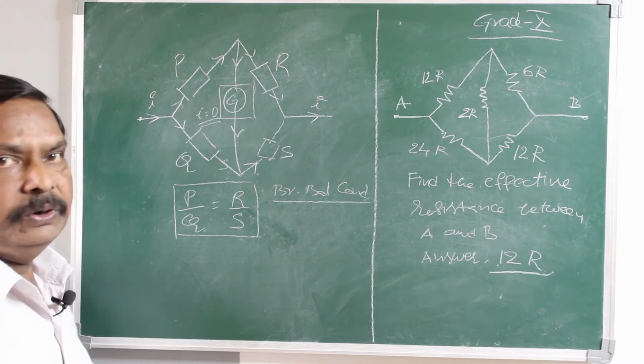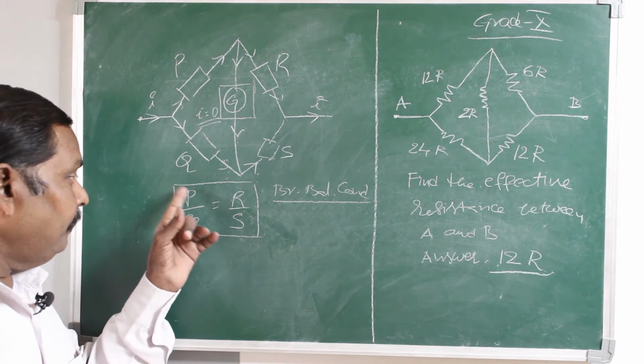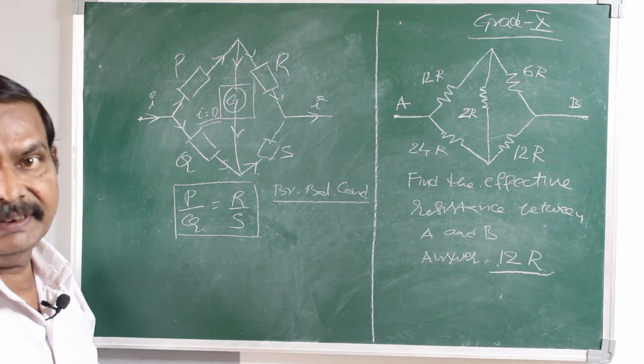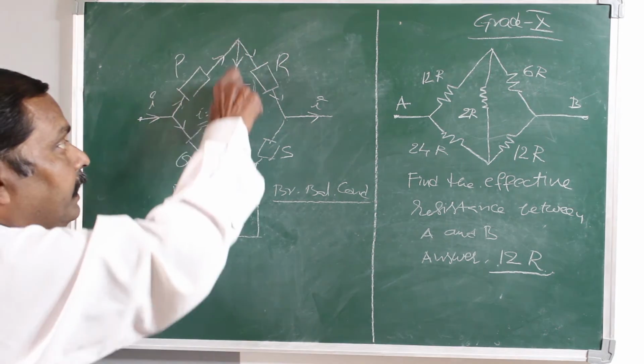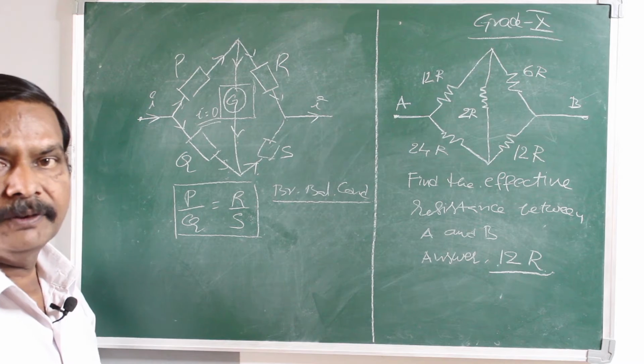Vice versa, whenever P by Q is equal to R by S, the bridge is in the balancing condition, which means there is no current in this loop.